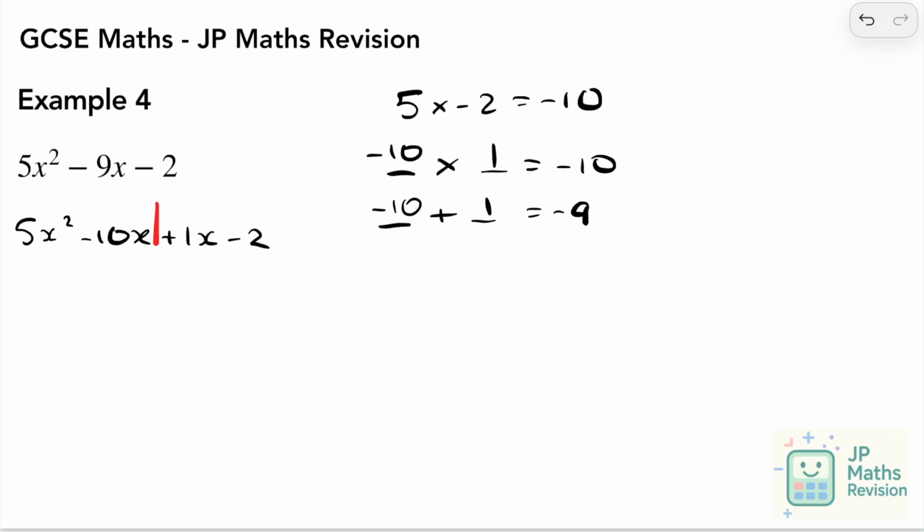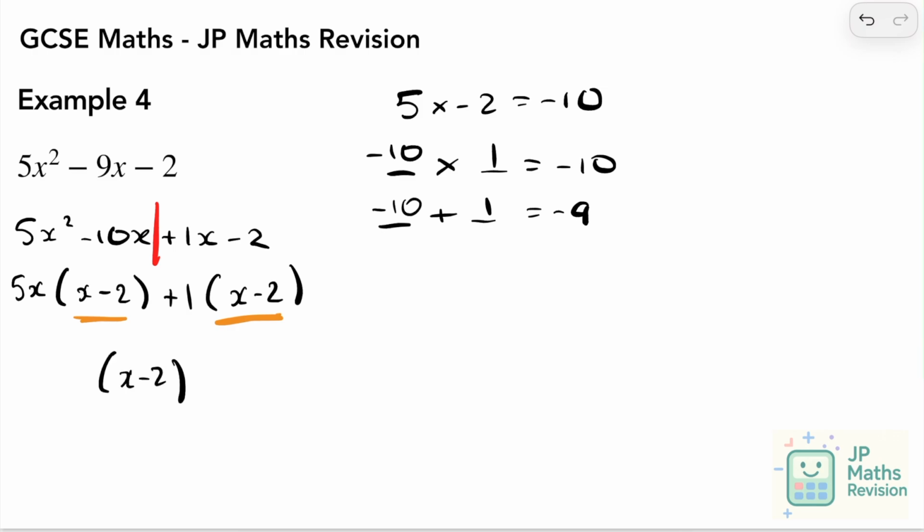And then we're going to split it down the middle and factorise both halves. So it's going to be 5x bracket x minus 2 plus 1 bracket x minus 2. And then we can see our answers appearing. So it's going to be x minus 2 times 5x plus 1.